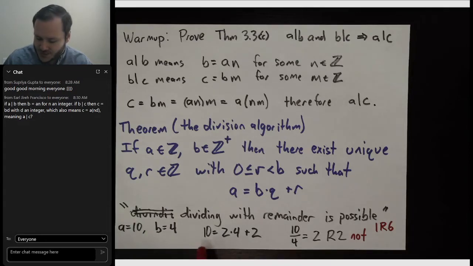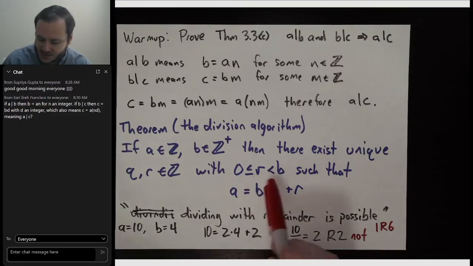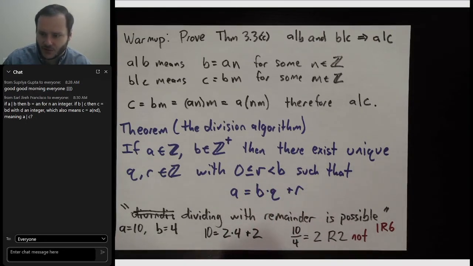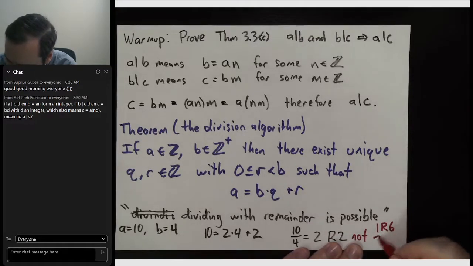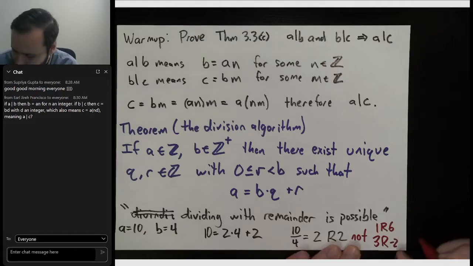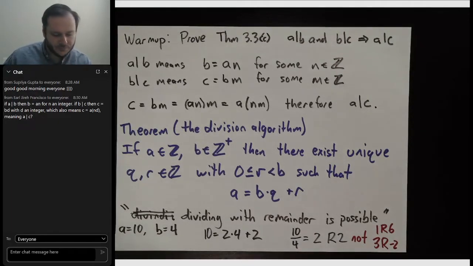It is true that 10 is equal to 1 times 4 plus 6. But we don't say the remainder is 6 because 6 isn't smaller than 4. We can get another 4 out of there. We can get 2 full 4s with 2 leftovers. And it's also not 3 remainder negative 2, because you can't get 3 full 4s and have negative 2 left over.